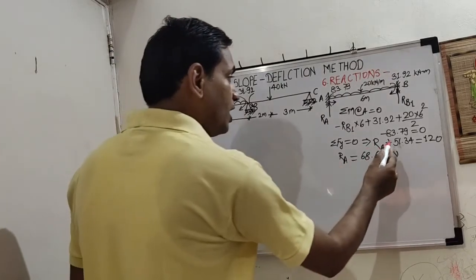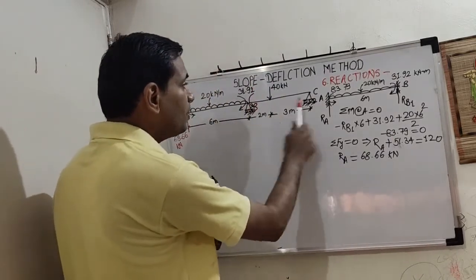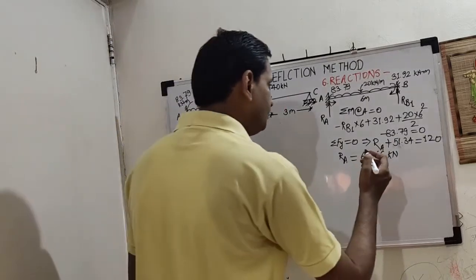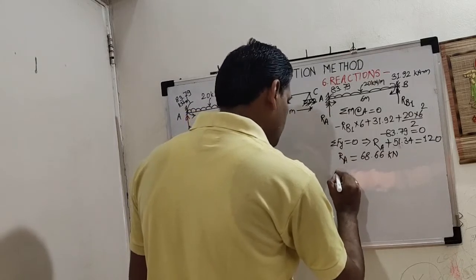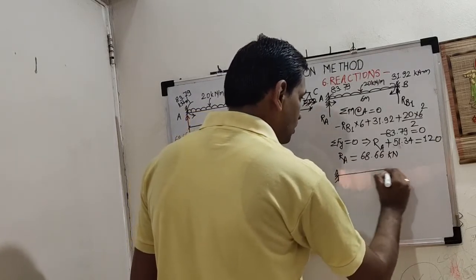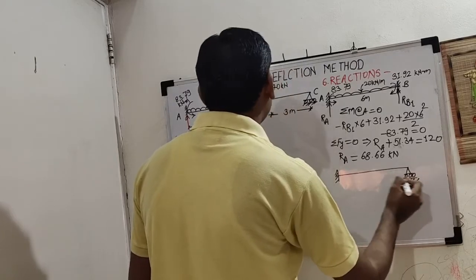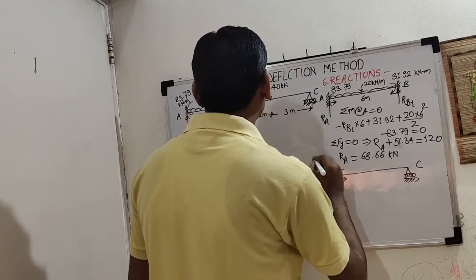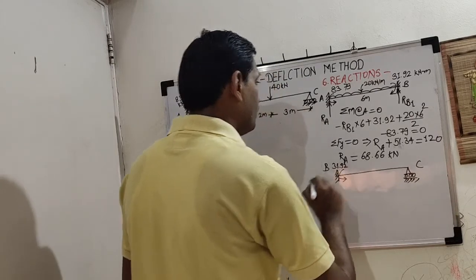We will not write RB1 here because there will be another RB from beam BC. So let us first of all find that value. Okay. So let us again draw beam BC. Show the moments and external loading. 31.92. Now here on B it is anti-clockwise.